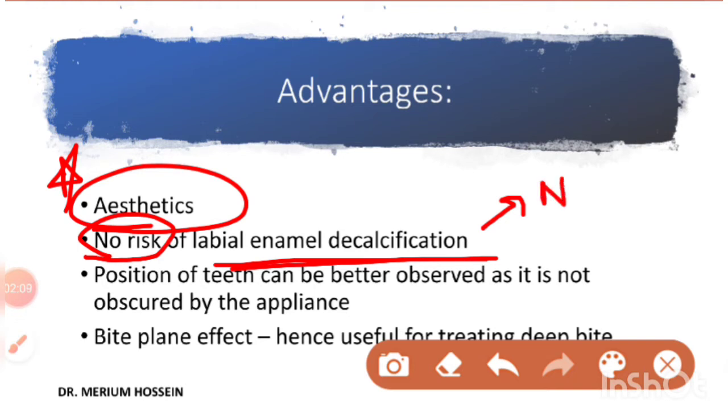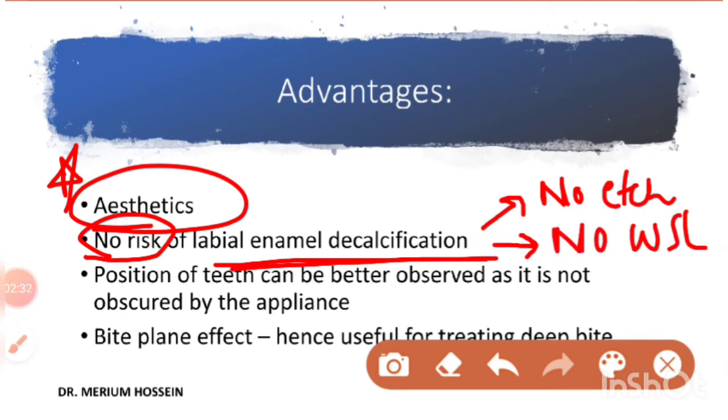So first reason is that there is going to be no etching on the labial surface, so labial enamel decalcification can be prevented. Second is that as the brackets are no longer on the labial surface, there is no risk of white spot lesions on the labial surface. So no decalcification due to caries, and no white spot lesions on the labial surface.